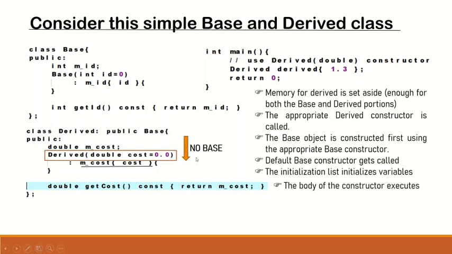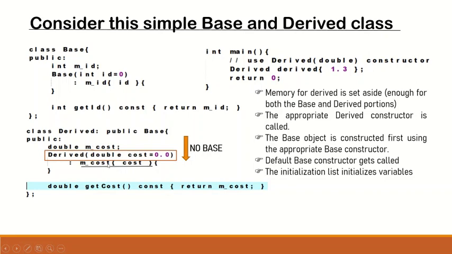Once the base class constructor gets called, it uses the initializer list, the derived class constructor's initializer list, to initialize the data member. Which data member? Here, derived only has one data member, m_cost.